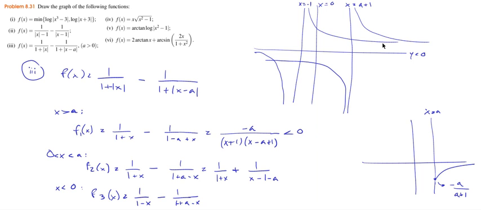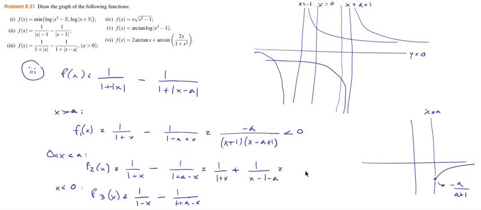Between 0 and a, you have this sum between something, positive, negative, and it should go up to some value here.